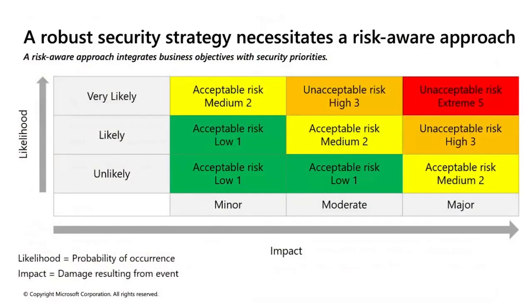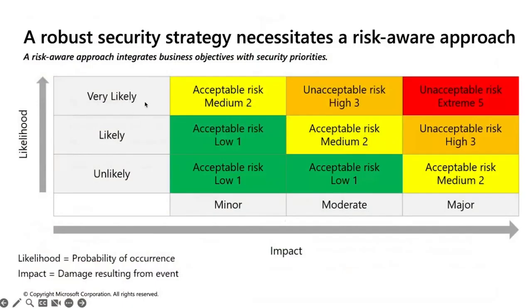We should always focus on the risks that are impacting your organization more, and that may impact your organization's data and functionality. You can understand here that we can divide any risk in two different planes, impact and likelihood. Here we have impact: minor, moderate, and major. Likelihood is unlikely, likely, and very likely.